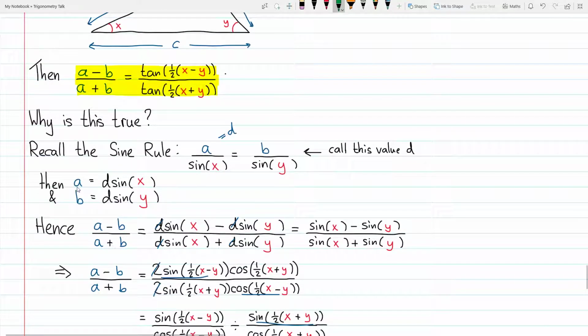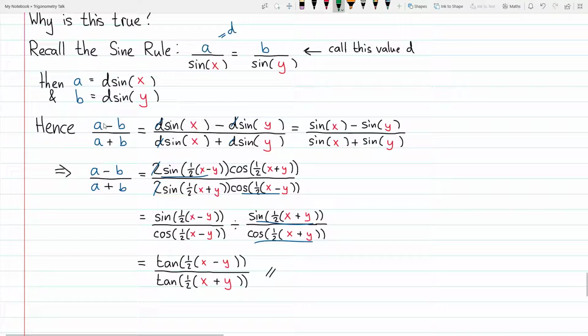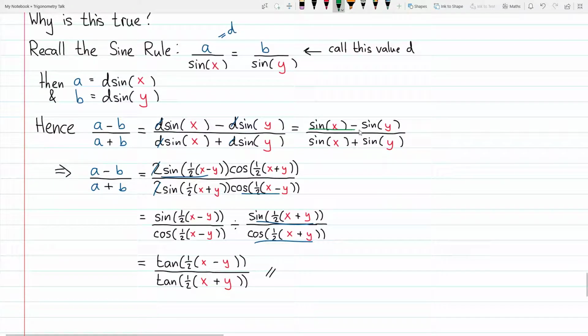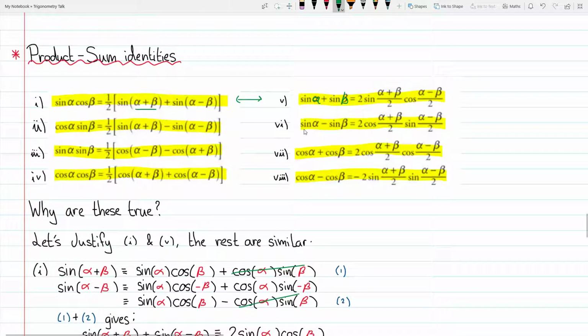And so we can solve for a, we can just multiply both sides by sine of x, and similarly we can solve for b. And we can just evaluate what a minus b divided by a plus b is, which gives us this hefty looking expression. We can divide all sides by d and simplify, and that gives us this. Well, we know what the numerator is because we have a formula above, this one.